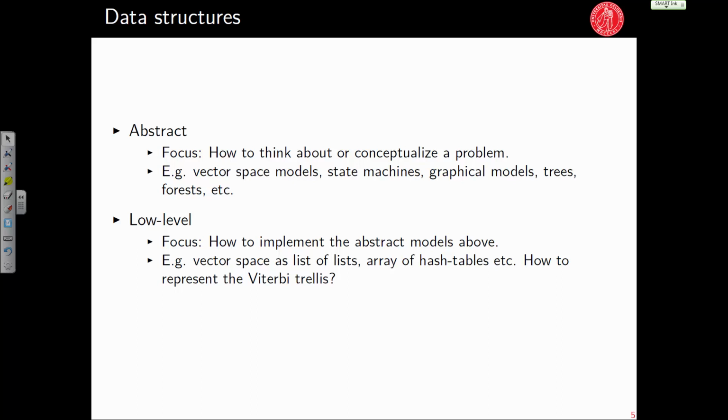The same is with hidden Markov models or graphical models, etc. And in all cases, we introduced these abstract models, and we also actually implemented them in a concrete way. So we had to do this mapping from abstract to data structures. So that's also a commonality between all the topics that we had.